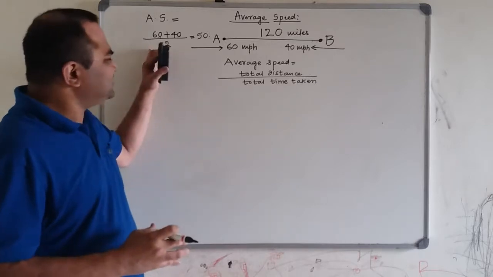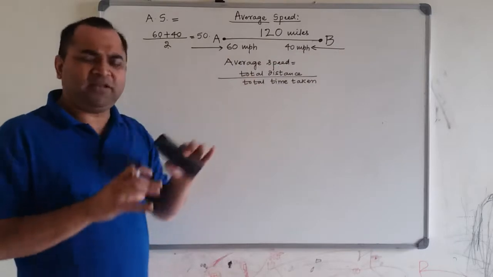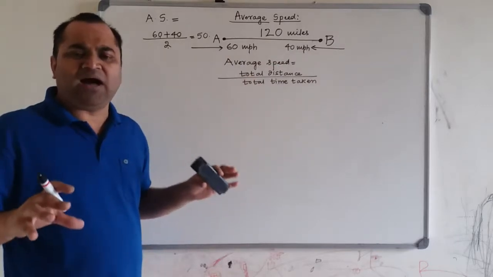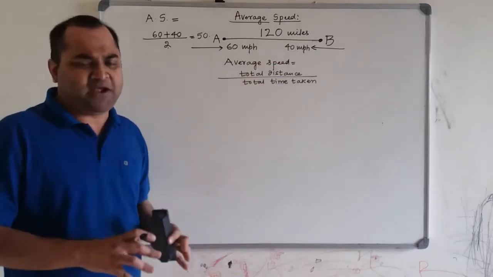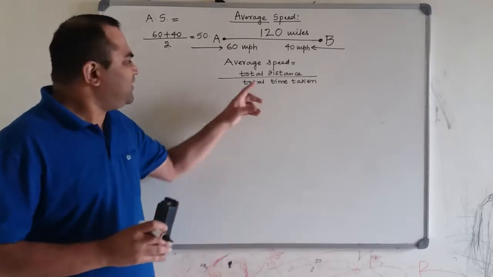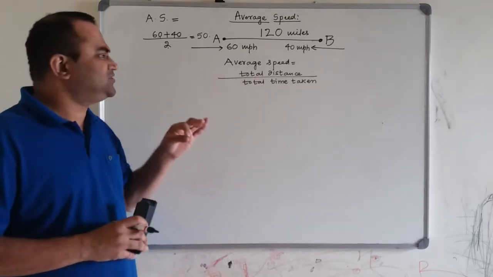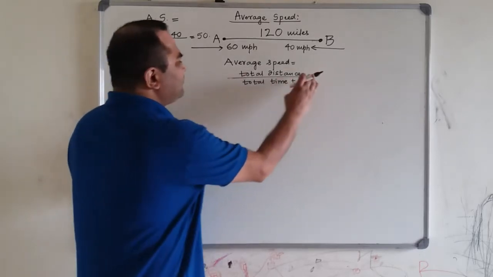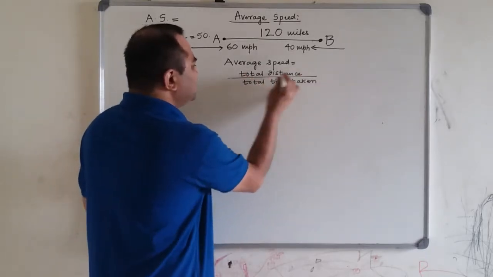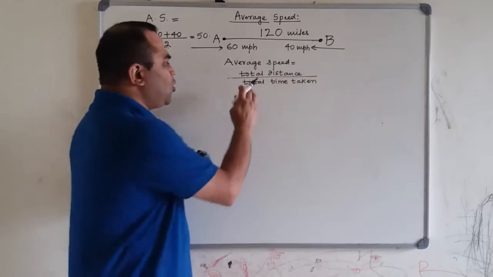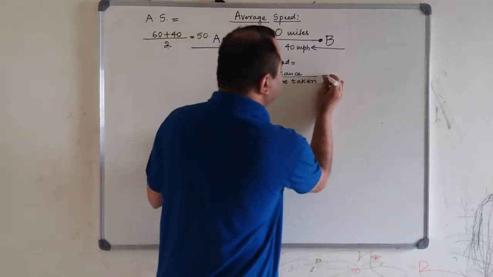But applying this in this way to this example will give you a wrong answer for average speed. Therefore, apply this formula for finding the correct value of average speed. And remember that formula is total distance travelled over total time taken.